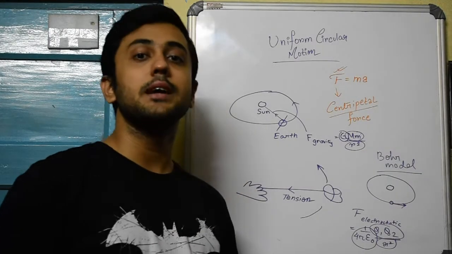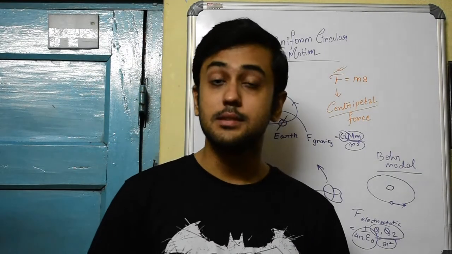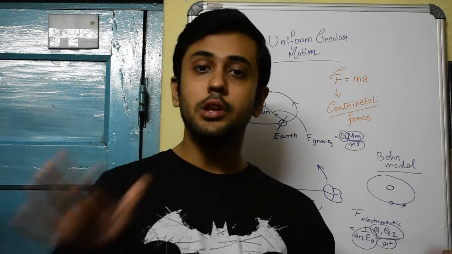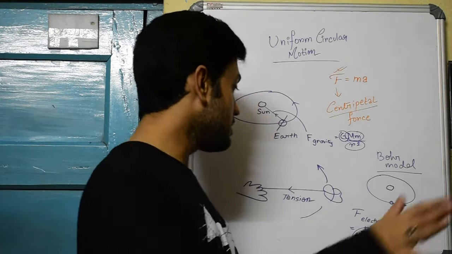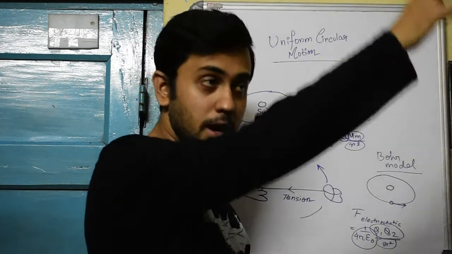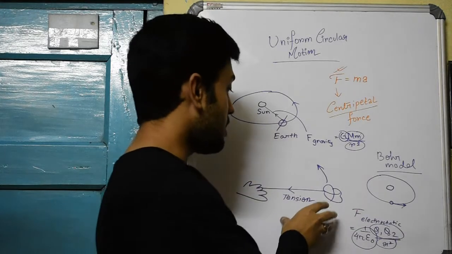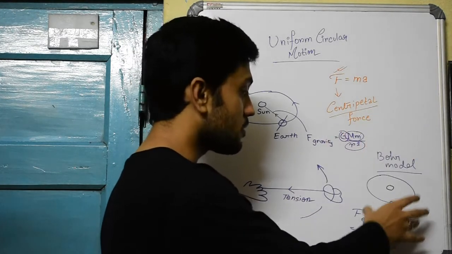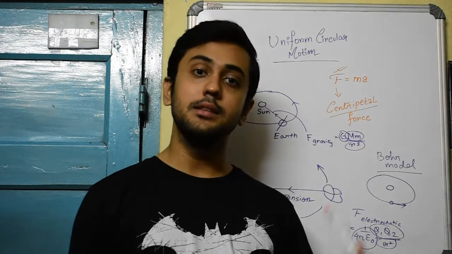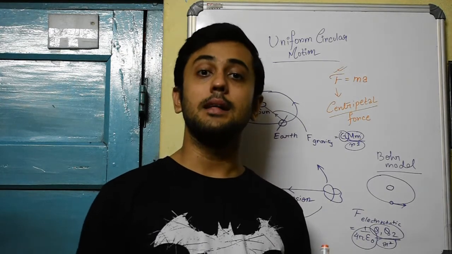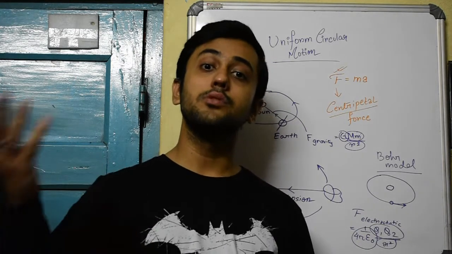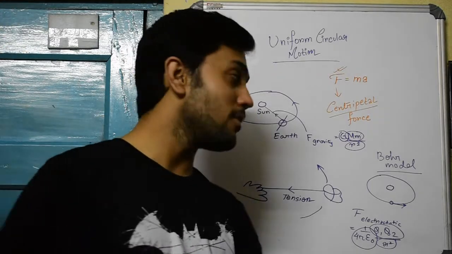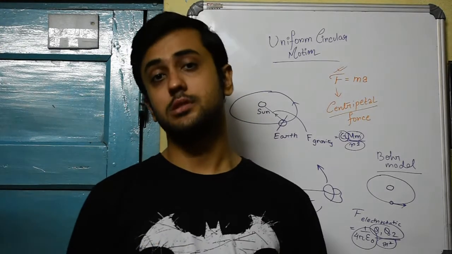So the point I am trying to emphasize is that centripetal force is not a new kind of force. It is not something you can write down in the list of forces apart from force of tension or force of gravity and so on. Basically, these are the different forces, and centripetal force is one of those forces manifesting itself based on the situation.